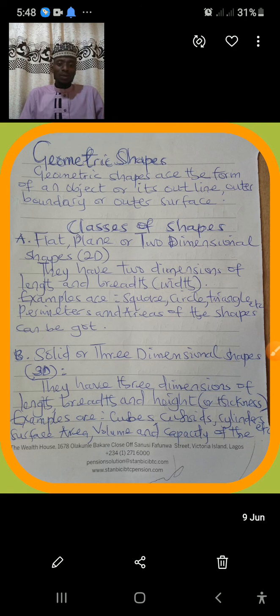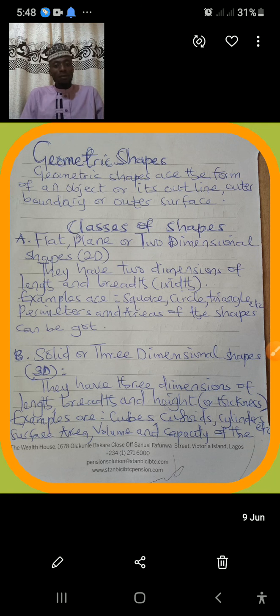Classes of shapes. We have two types or two classes of shape: the flat or plane or two-dimensional shapes, and the second one is the solid or three-dimensional shapes. The flat shape is the one you already know, the one that has only length and breadth. It has two dimensions, length and breadth.